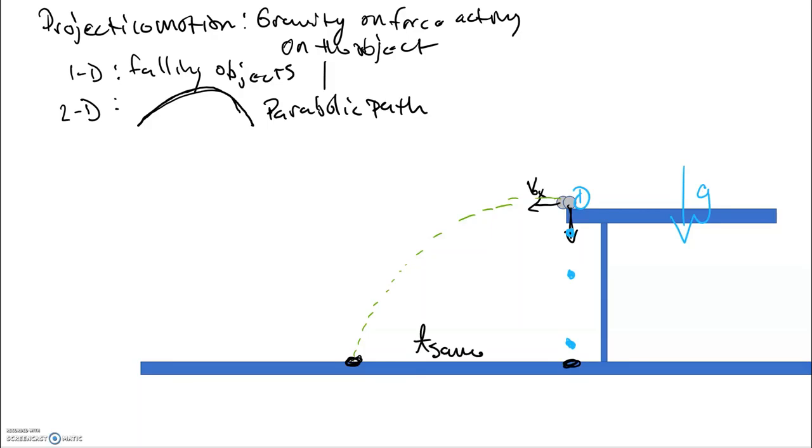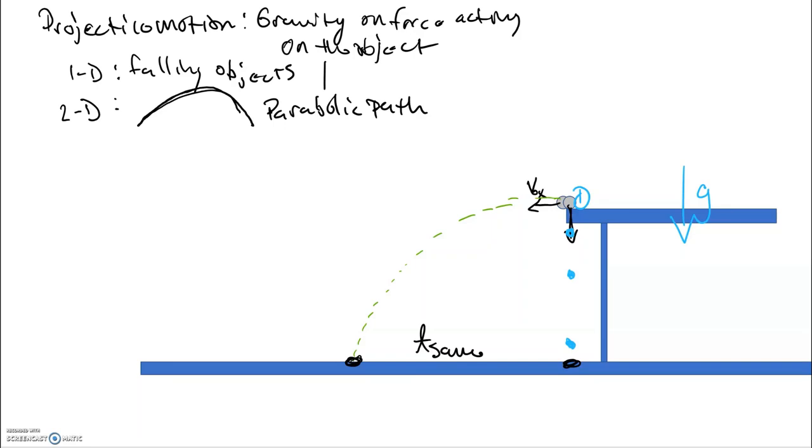They're both starting from rest at the same height, and they both leave at the same time. So if we look at the Y direction, they both have the same components in the Y direction. They're both starting from rest in the Y direction. They're going from the same height, so they must hit the ground at the same time because they have the same acceleration.